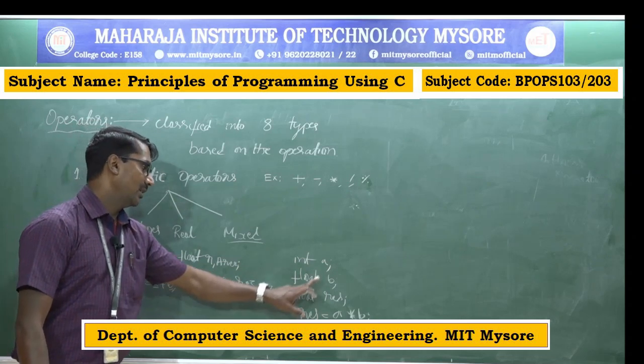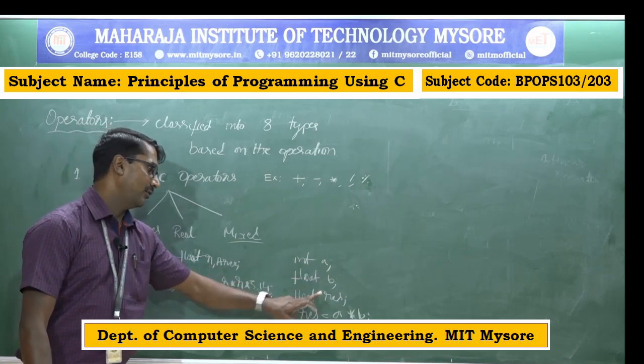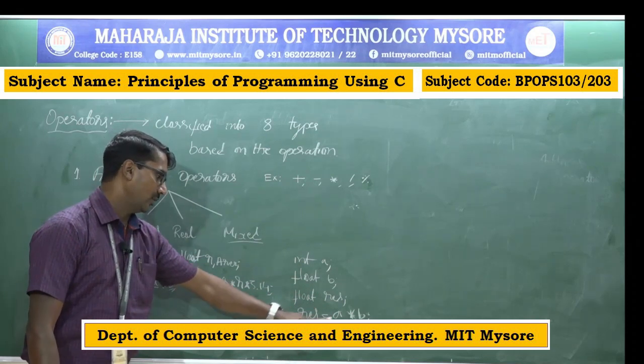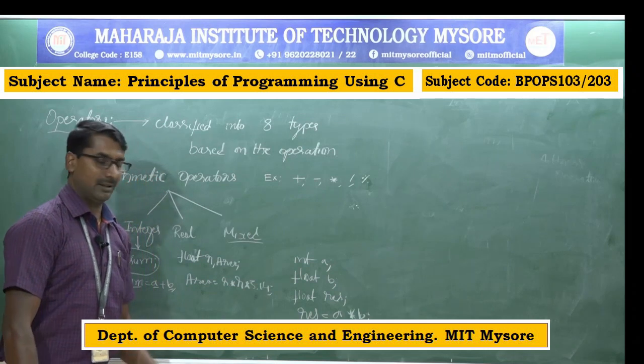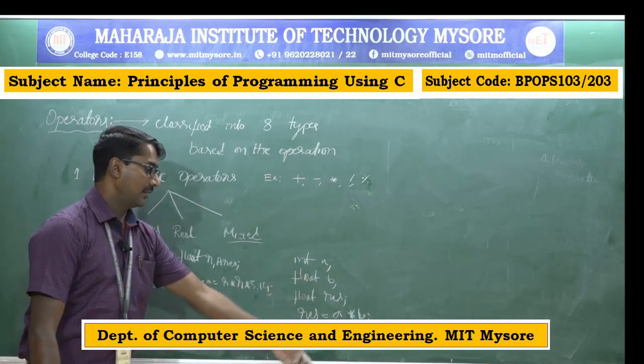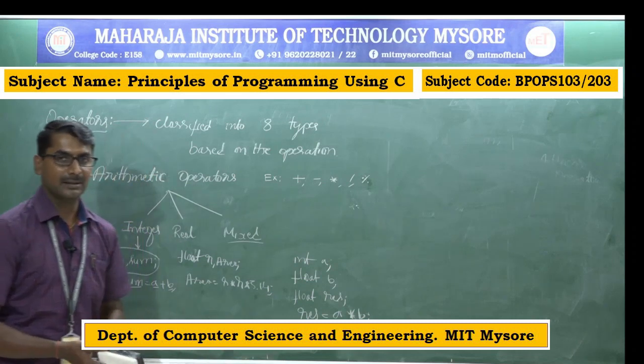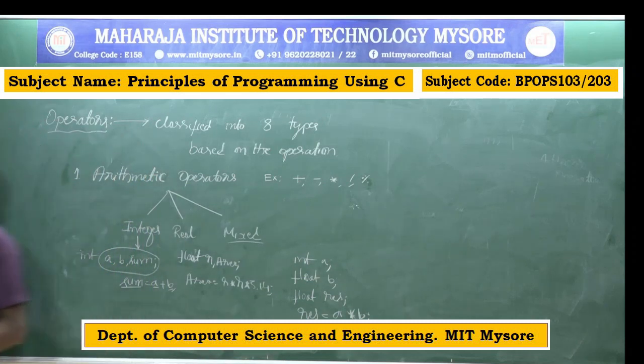Here in this example, A is of integer type, B is of float type and result is also float type. So result is equal to A into B. It is a combination of an integer variable and a floating point variable. This is a mixed arithmetic operation.